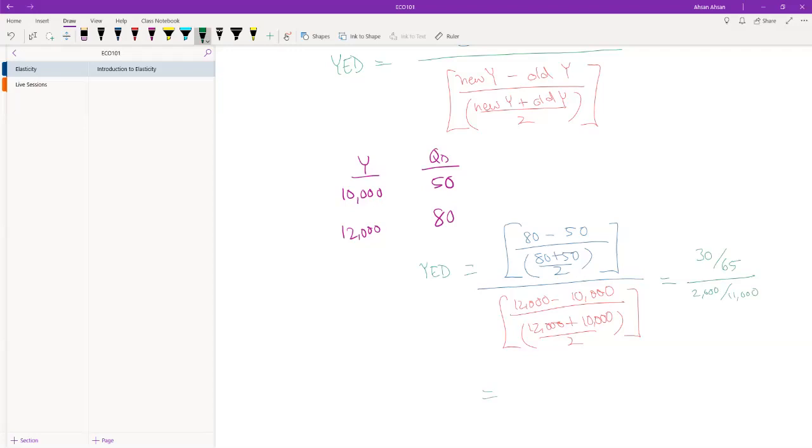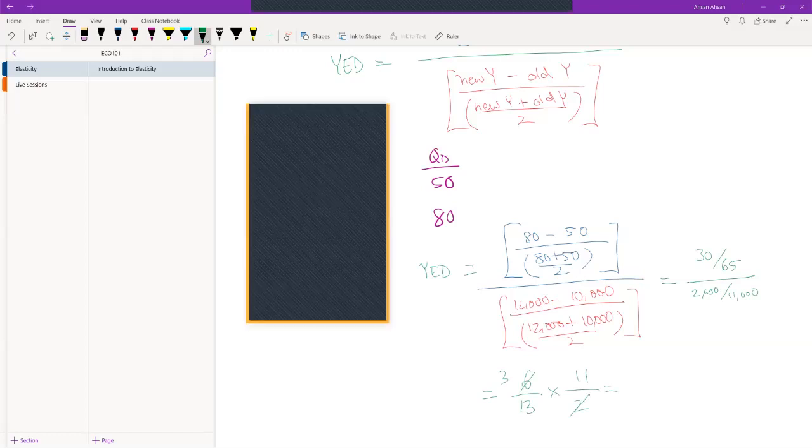So if we simplify this a little bit, if you guys have a calculator, just plug that in. We have 6 by 13 times 11 by 2. So 33 by 13, that gives us 2.54.